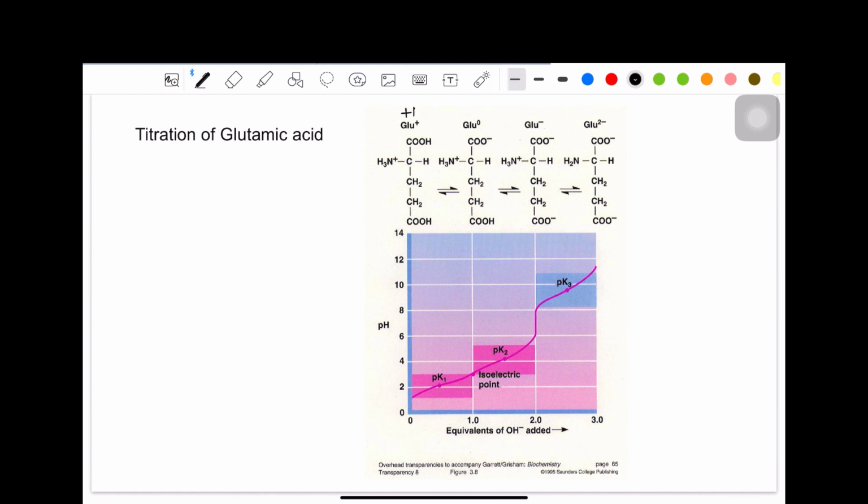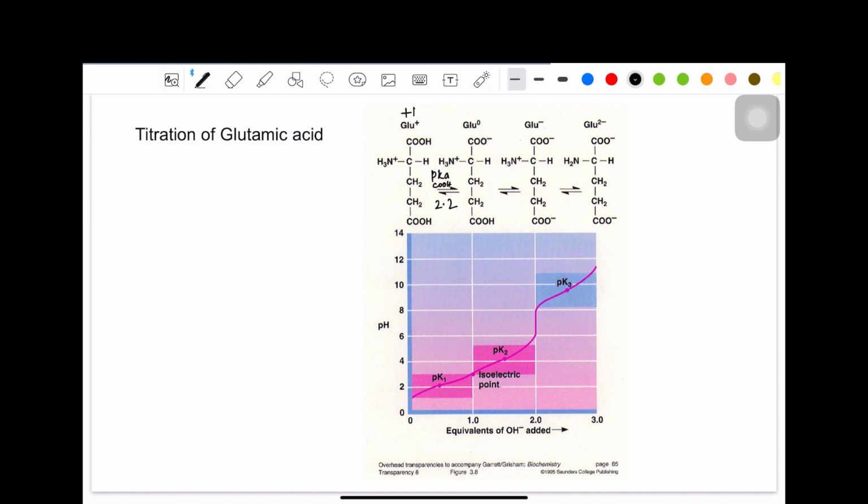Now, the alpha carboxyl group first loses its proton at a pH greater than 2.2. It has a pKa value of 2.2, right?